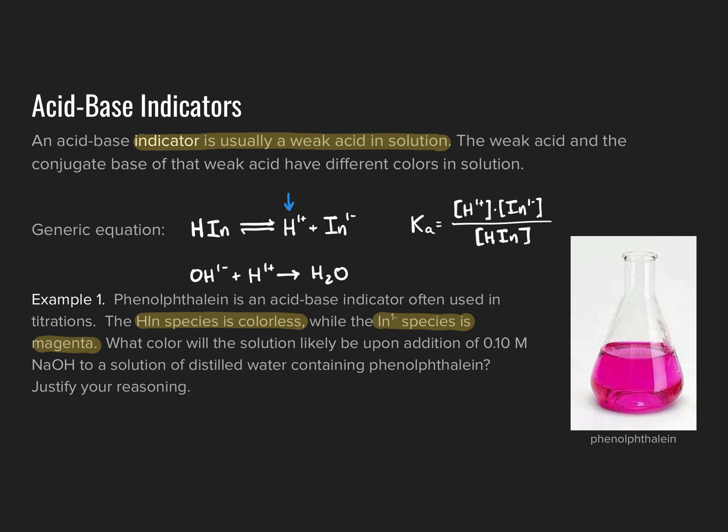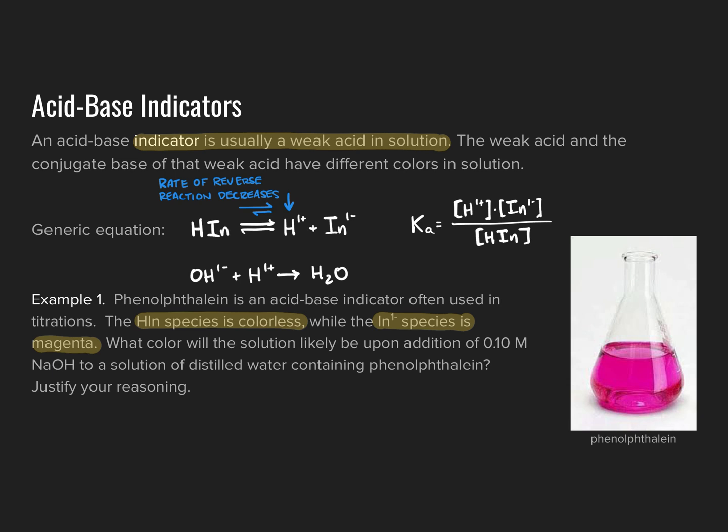And now let's consider this from a perspective of Le Chatelier's principle. If we see a decrease in the concentration of the H+ ion due to the presence of these excess hydroxide ions, that would imply that that H+ ion would collide less frequently with IN- ions in solution, thereby decreasing the rate of our reverse reaction from the dissociation equation of the indicator.